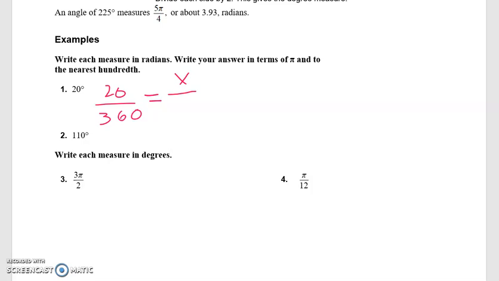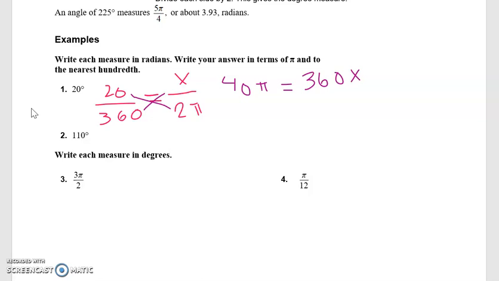And with our radians, we use our 2 pi. Now once you set it up like this, you're going to cross multiply. This will go here, this will go here. So 20 times 2 is 40, so you're going to get 40 pi equals 360x.